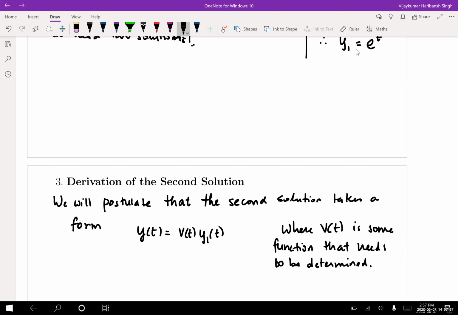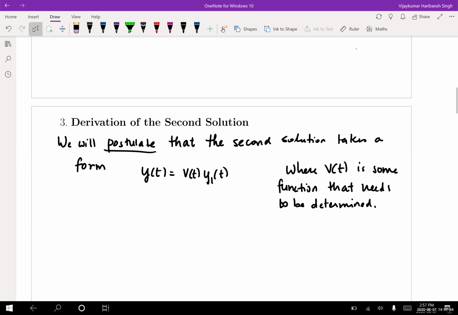So we are postulating this as a solution. One may ask the question, why would my solution be of this form? Why not something else? Let's work on this and see if there is such a v(t) which satisfies that it's a second solution and makes the fundamental set.